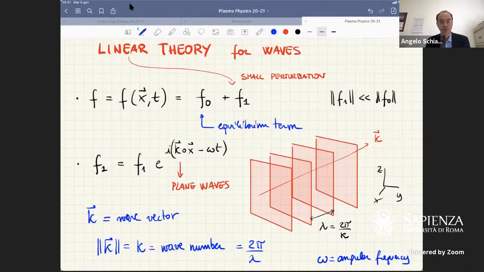If we want to express the frequency of the wave in hertz, then remember that hertz is omega divided by 2 pi, and then you get the actual frequency of the wave, as we were doing with collision frequency before.